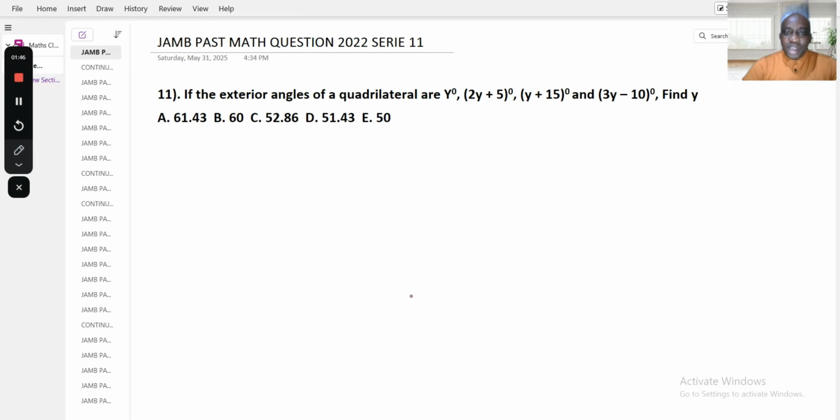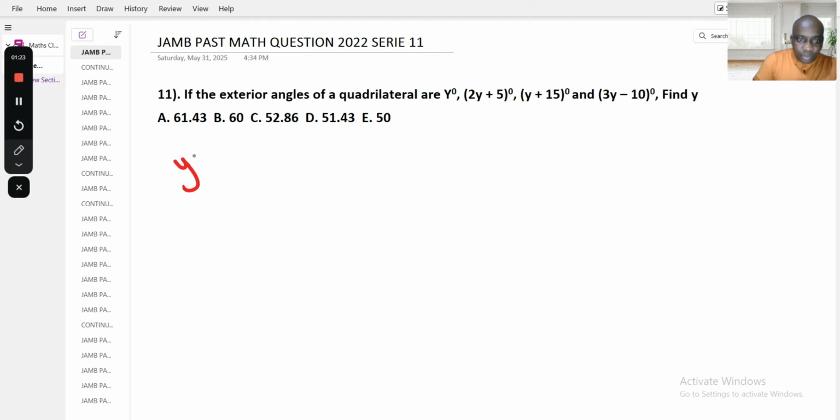If the exterior angles of a quadrilateral are y degrees, 2y plus 5 degrees, y plus 15 degrees, 3y minus 10 degrees, find y. The total of the exterior angles of a quadrilateral is 360 degrees. Therefore, we are going to add this up equals 360 degrees.